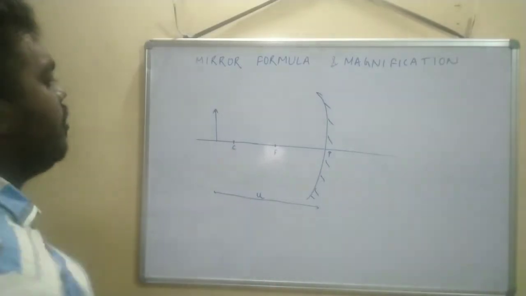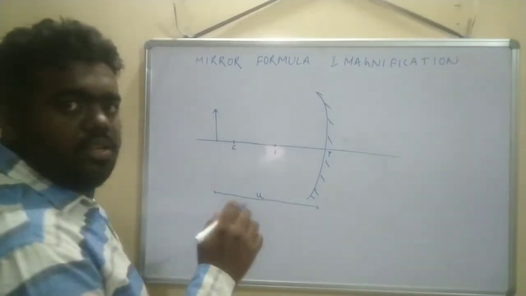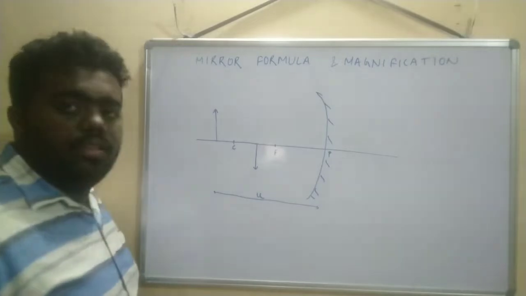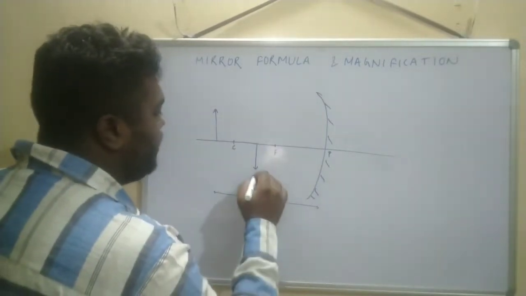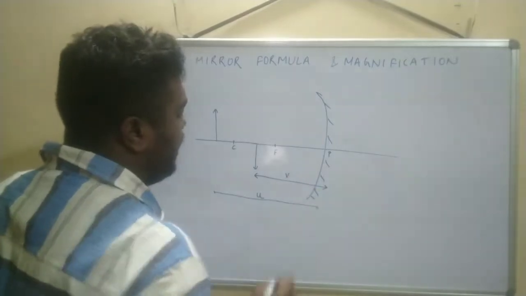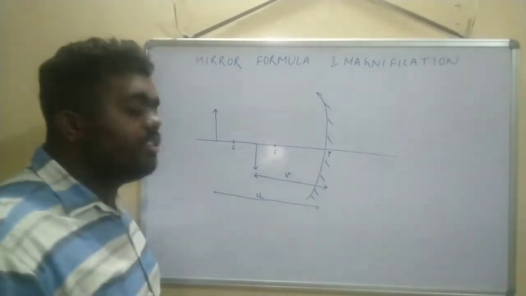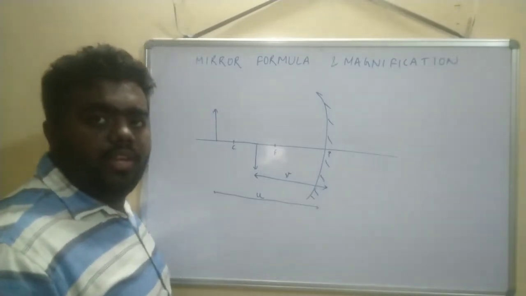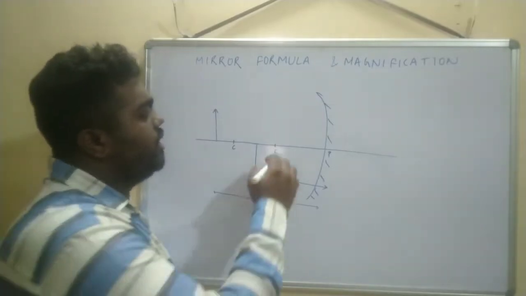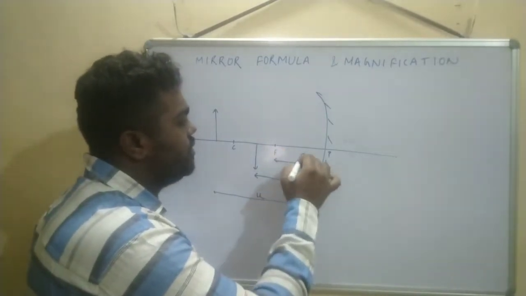Now from this object there will be an image. Image will be formed somewhere here. Now the distance between the image and the pole is termed as small v. Now the distance between the focus and the pole is focal length.